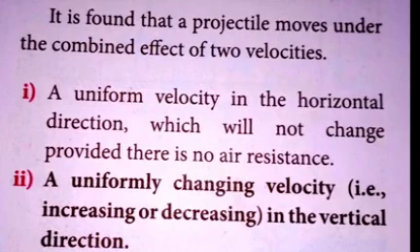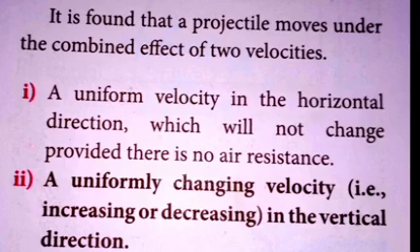Students, when an object is said to be a projectile, the object attains two velocities. The first one is horizontal velocity, that is in the x direction. The next one is vertical velocity, that is along the y axis, against gravity. Now you see a uniform velocity in the horizontal direction. So always the velocity will be constant in horizontal motion, so there will be no change.